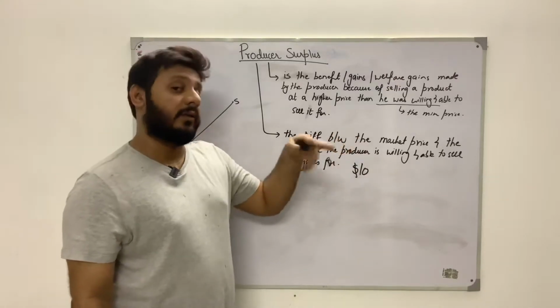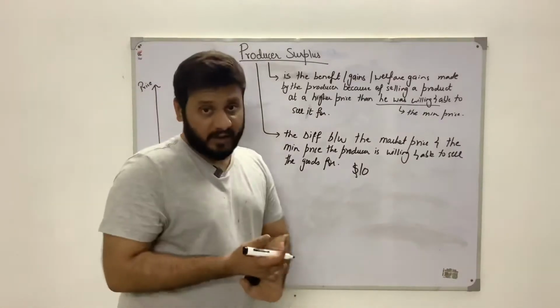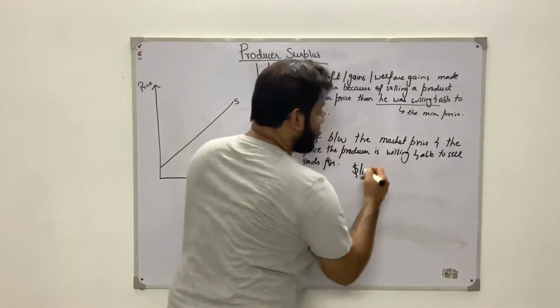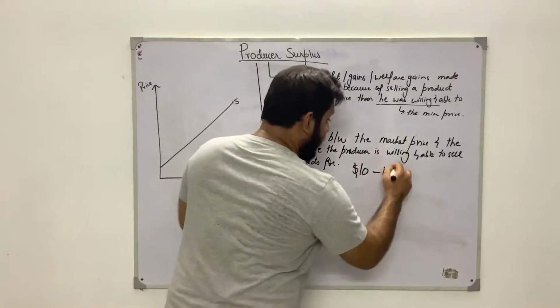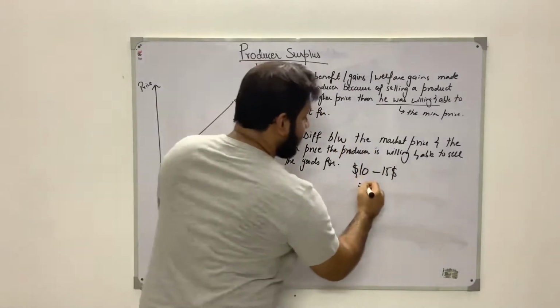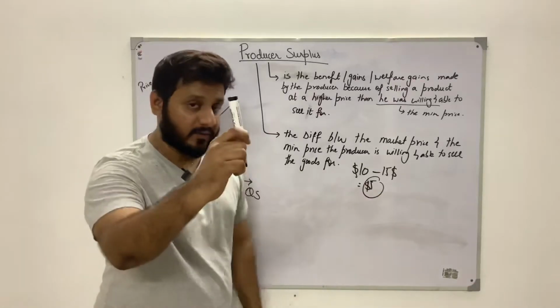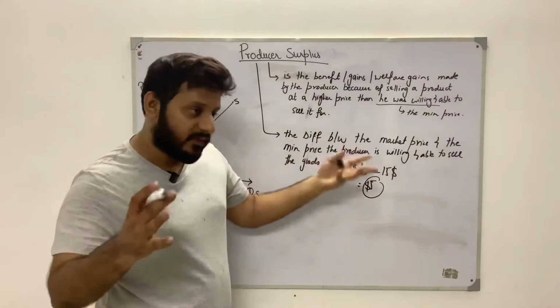We're going to be discussing it in another video on producer surplus that I'm going to upload on my channel later on. So $10 is the minimum price I'm willing to accept, and if I get $15 for it, then $5 represents my producer surplus for selling this marker at a much higher price than the minimum price I was willing and able to sell it for.